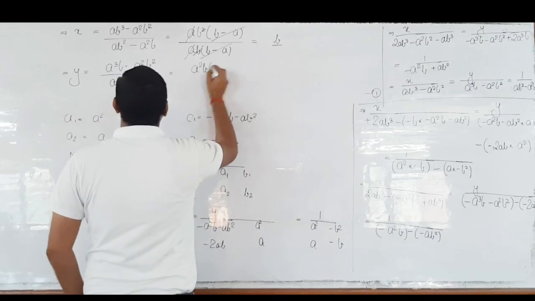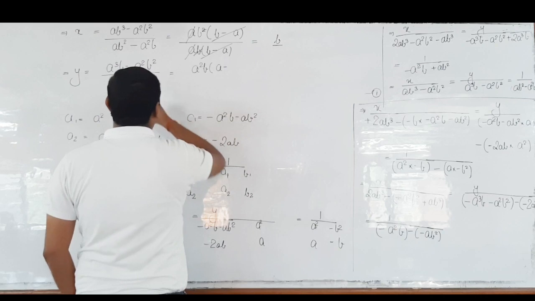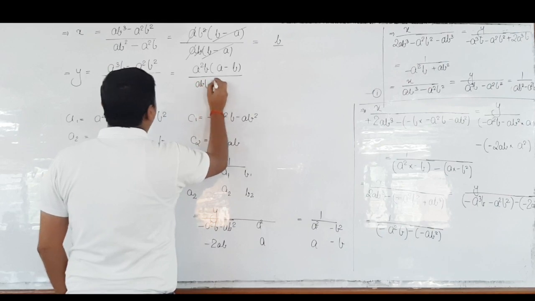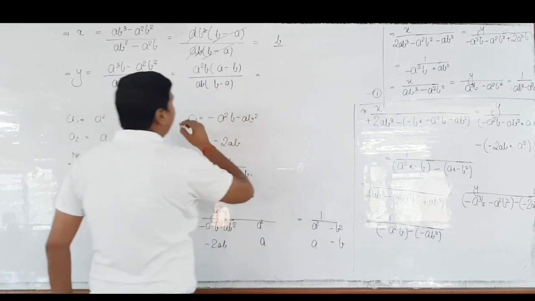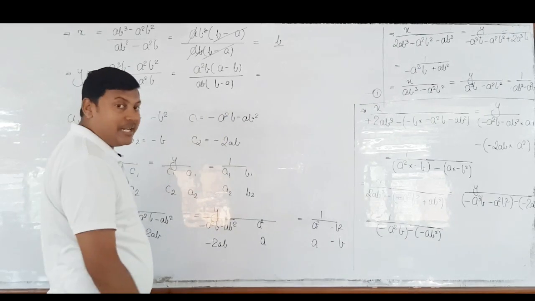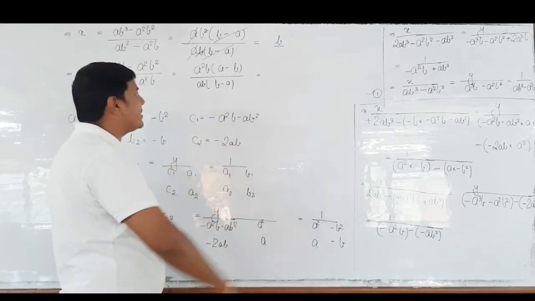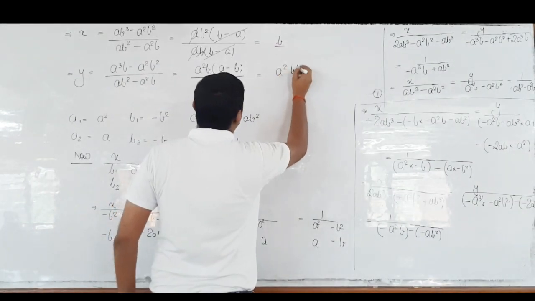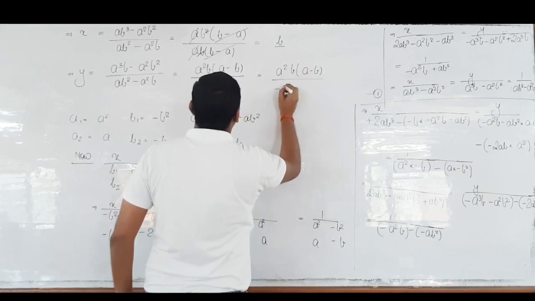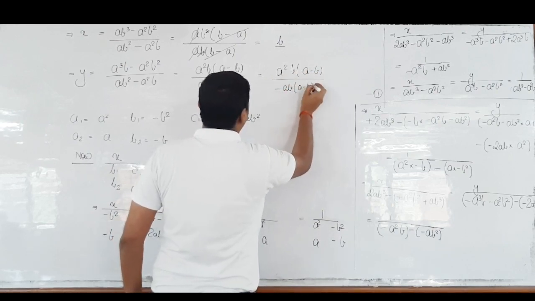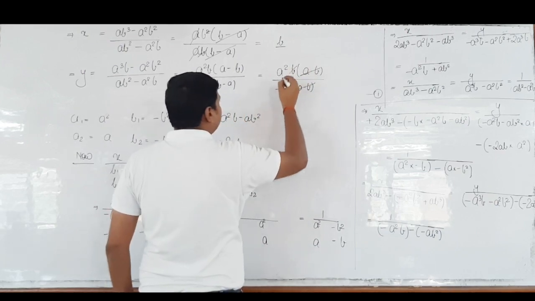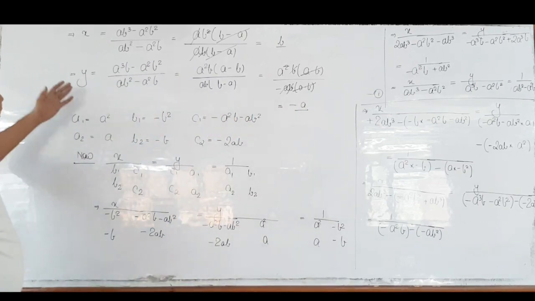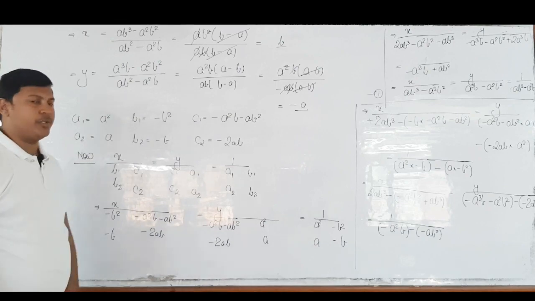So we get basically a minus b by, if we take the common as ab, we get b minus a. The thing is that here it is a minus b, there it is b minus a. So b minus a can be converted into a minus b by taking common as minus. So a square b, a minus b, and minus would be taken common. So ab, a minus b cancel, bb cancel, it's minus a. So that's the value of x and y from cross multiplication of this question.